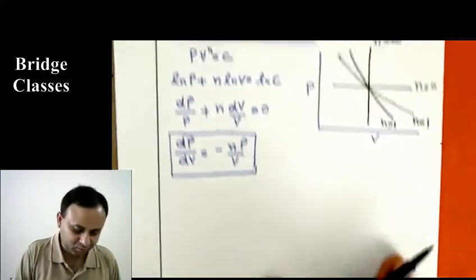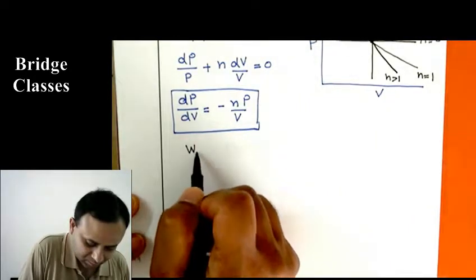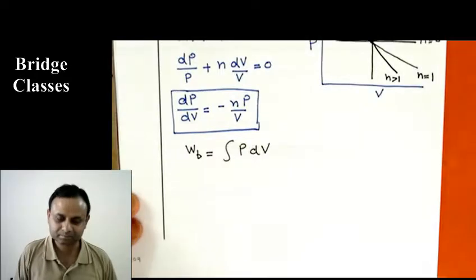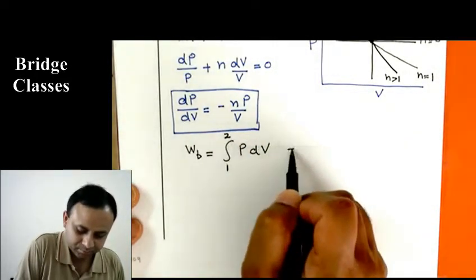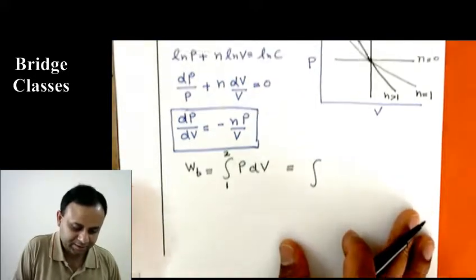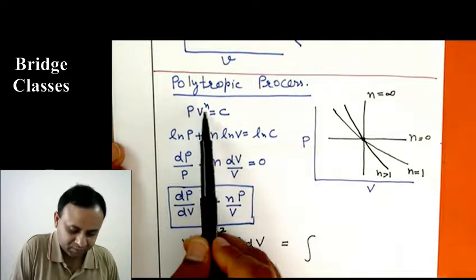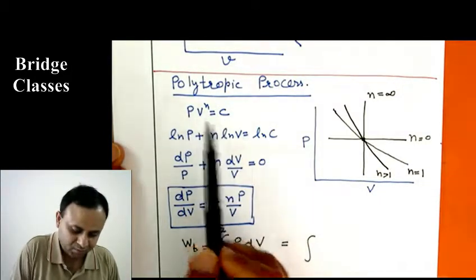And when we want to evaluate boundary work for this process, boundary work is integral P dV, and if the process is from 1 to 2, you can write this as, because PV to the n is constant, P is C over V to the n.